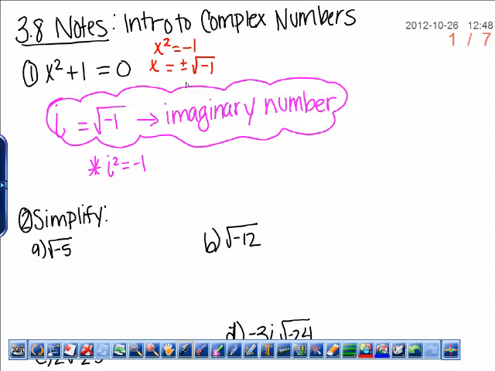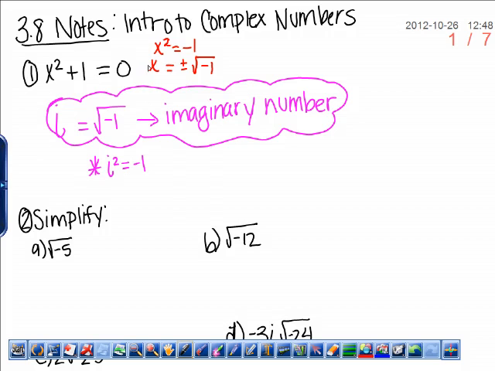The complex number system is so that we can continue solving equations that would not normally be able to be solved with real numbers, so that we can find the complex roots of quadratics.